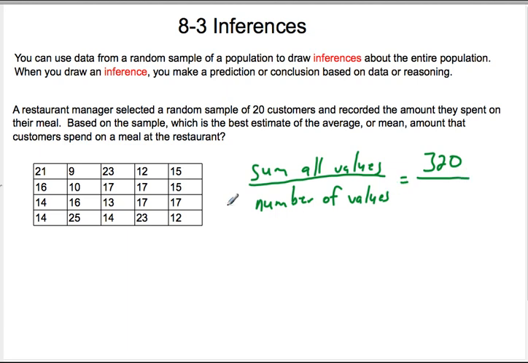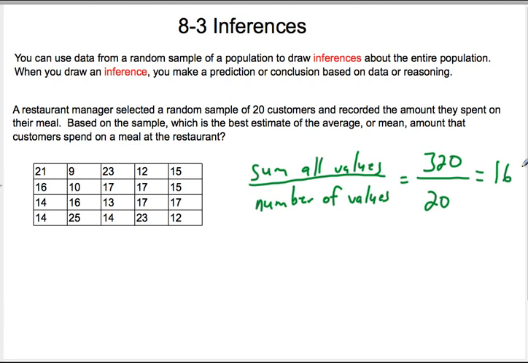And then you divide by the number of values. Well, the number of values are the number of entries we have. So we have 1, 2, 3, 4, 5. So we have 4 rows of 5, so 20. So all of that divided by 20 is going to equal 16. And so we can say that the average customer in this sample spends $16 on dinner.